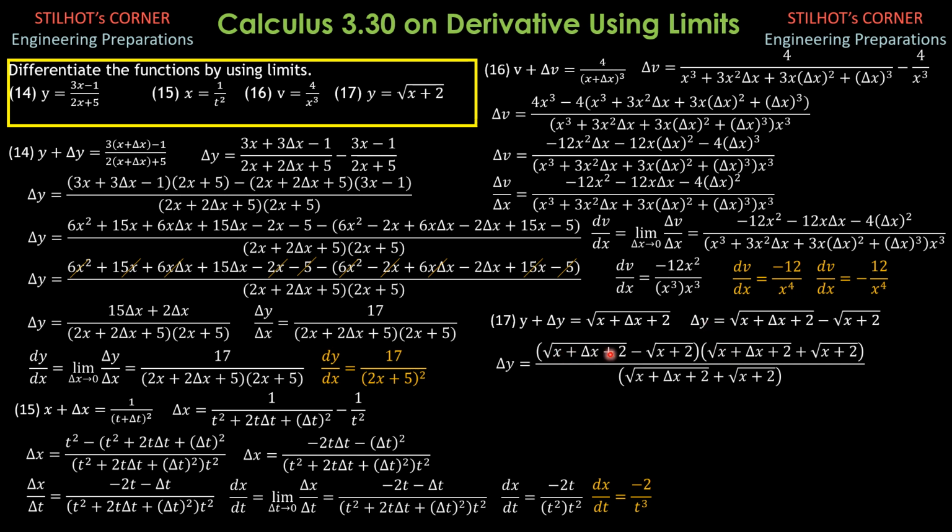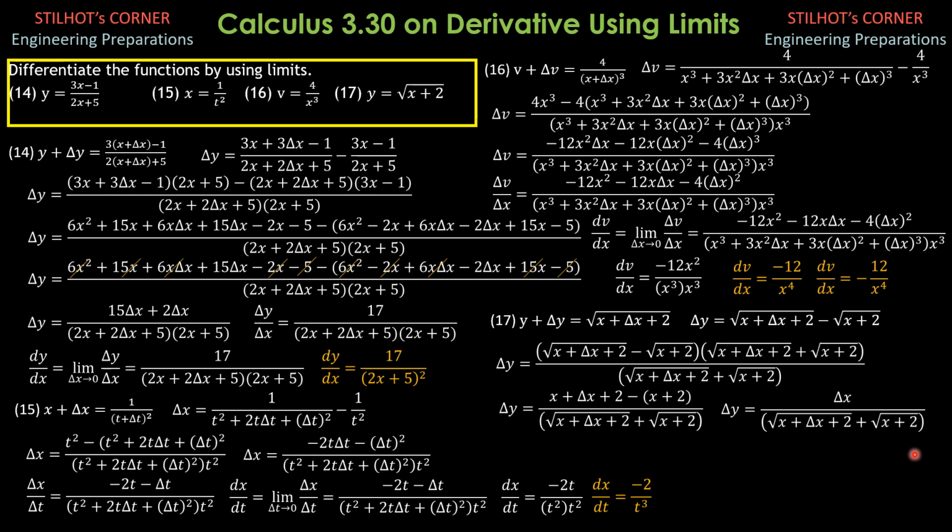So the numerator is expanded by removing the radical sign. We just write it as x plus delta x plus 2, then minus quantity x plus 2 in the numerator, and divided by, we copy the denominator. So the numerator is simplified into just delta x, then copy the denominator, then after that we divide everything by delta x, so delta y over delta x is equal to 1 over the denominator, which is just copied.